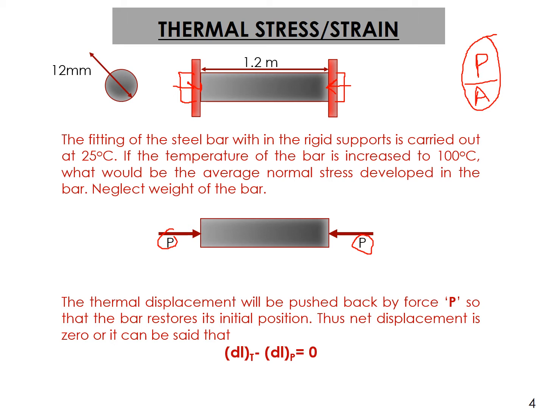It means the thermal displacement, or the change in length because of the thermal load, equals the change in length because of the mechanical load. We have to frame a mathematical equation, and that's the best suited equation here. The change in length due to thermal load is countered by the change in length due to the mechanical load. So we get this equation for the change in length.